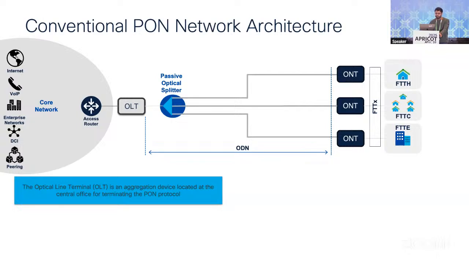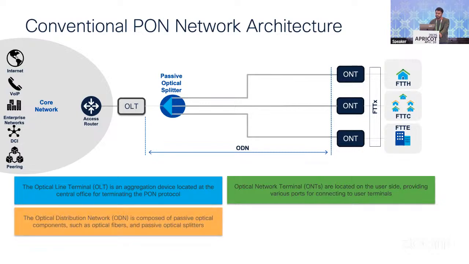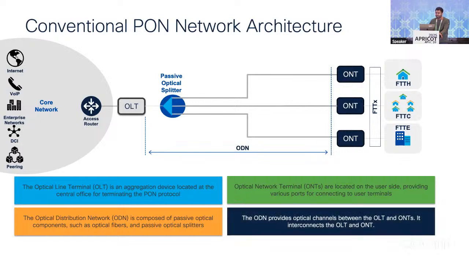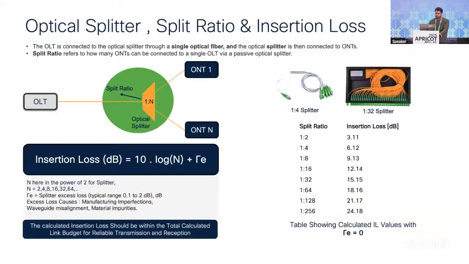The OLT terminates all the users' networks onto a single central office. The ONTs sit on the user side. The optical distribution network, as we spoke about, is the passive optical splitter. All this combined forms the conventional architecture, and this is how these devices sit.